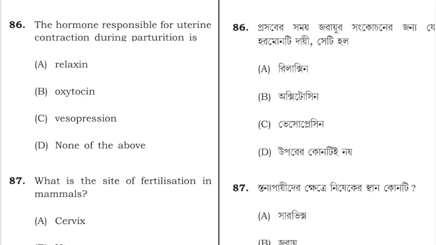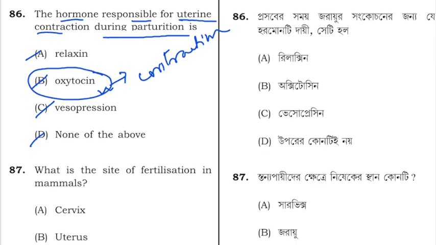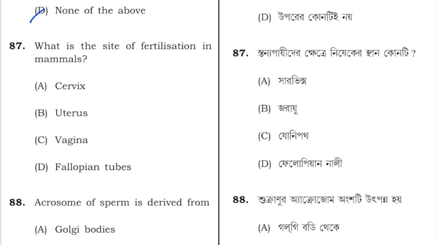Next question says, the hormone responsible for uterine contraction during the parturition is. Options are relaxin, oxytocin, vasopressin, or none of the above. So oxytocin is the hormone that is responsible for contraction. So answer is option B. Next question is, what is the site of fertilization in mammals?